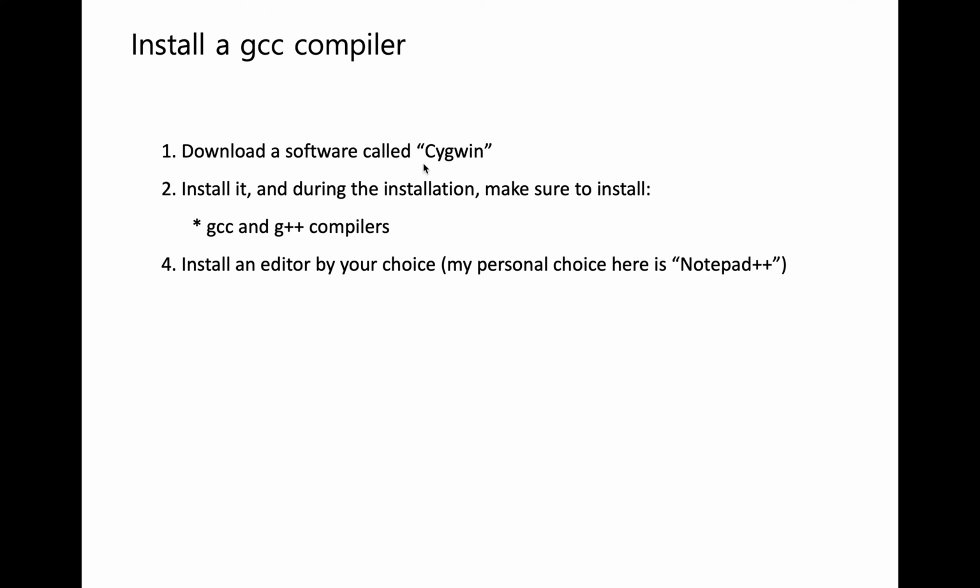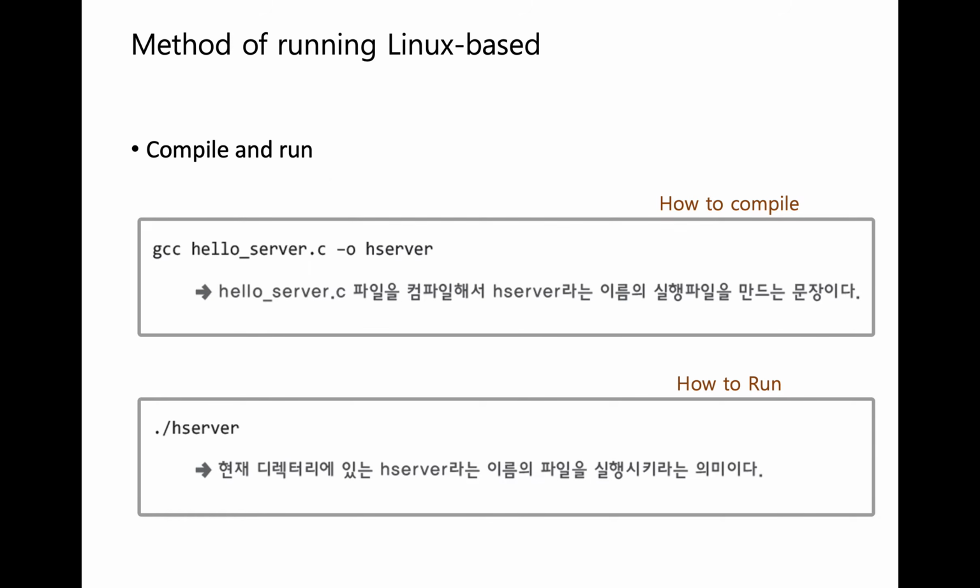So the CYGWin software can provide us a Linux environment and compile the source files as if the source code is being compiled in a Linux environment. So that's why the text was Linux based.